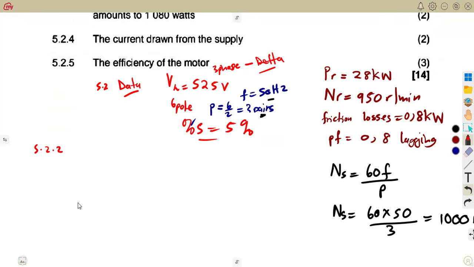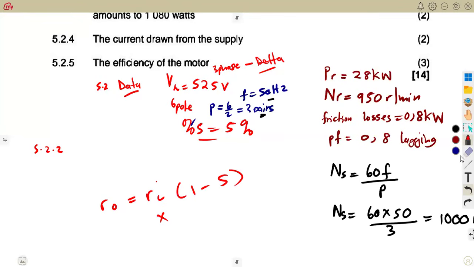If we are given the rotor input, we are going to consider the rotor copper loss over the slip. We do not have the rotor input, so you cannot consider that. We could also consider the rotor output, which is equal to the rotor input times 1 minus the slip.